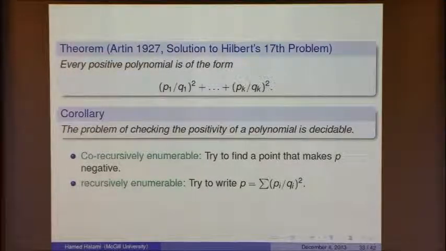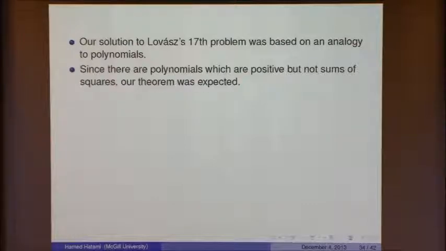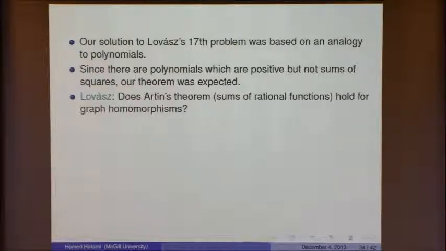So this is decidable. And if the analog of Artin's theorem were true for quantum graphs, we'd also get decidability for verifying the validity of those inequalities. I mentioned these things in the previous slide.